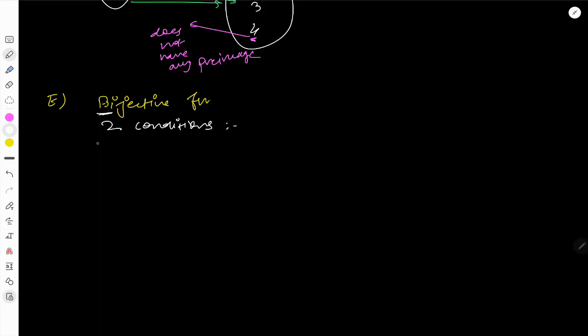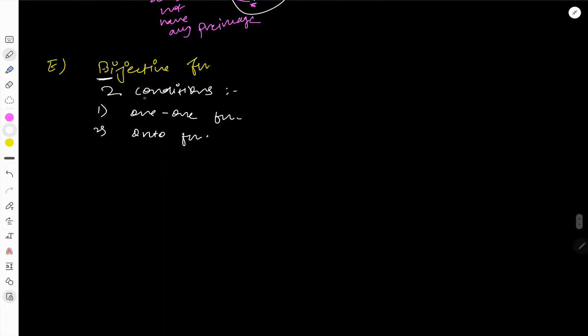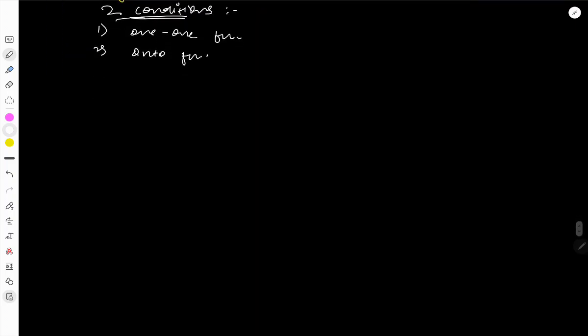The two conditions are, first one, it should be a one-one function, and the second one, it should be an onto function. So now what the onto function is, we have discussed it all, and now I'll draw a rough example of what it is. It is just easy.